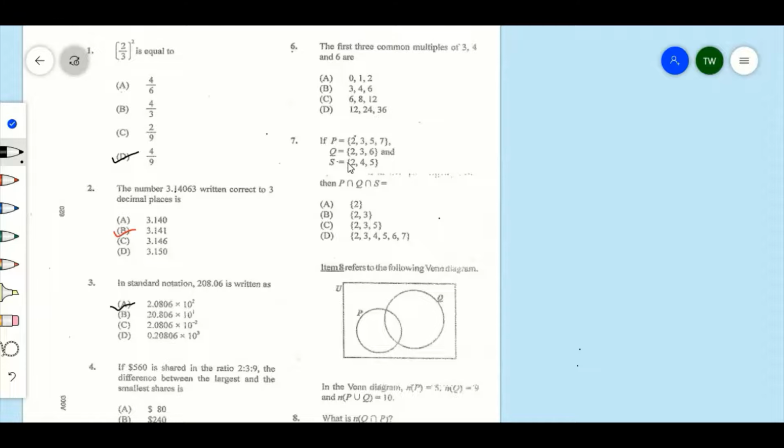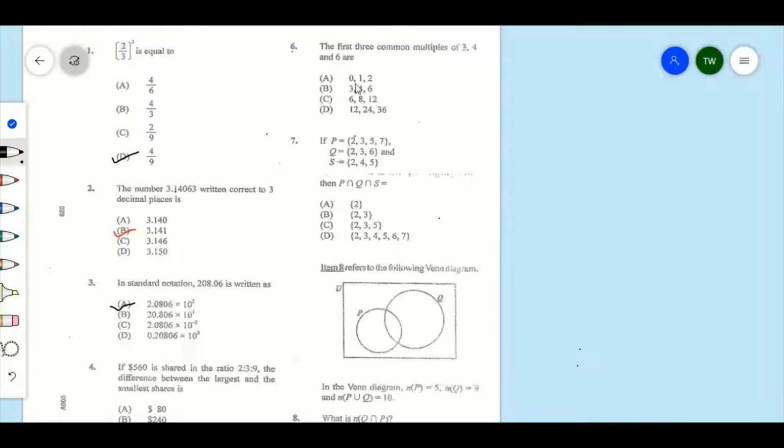So now to number 6. The first three common multiples of 3, 4, and 6 are... What we're going to do, we're going to solve this question by eliminating the answers that we know cannot be the correct answer, right?